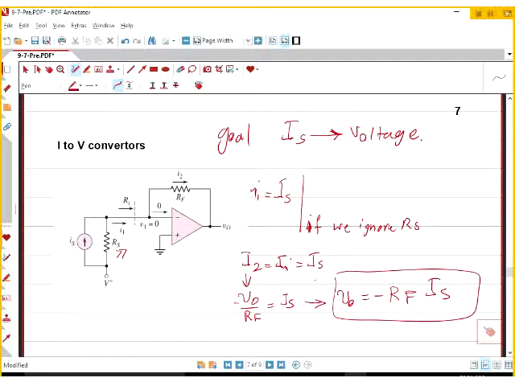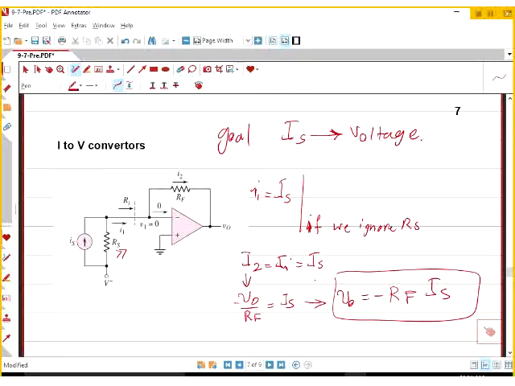Or in another word, you're converting a current into a voltage. For example, if I say this is a piezoelectric microphone, and when you talk, it's going to generate, let's say, just an arbitrary number, 1 microamp, right? If you choose RF 1 megaohm, that one tiny microamp is going to be translated to 1 volt. Your output, you're reading 1 volt.